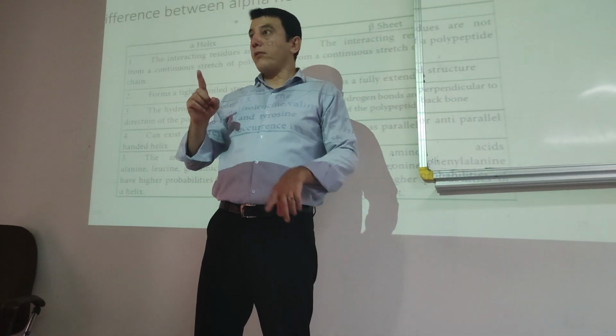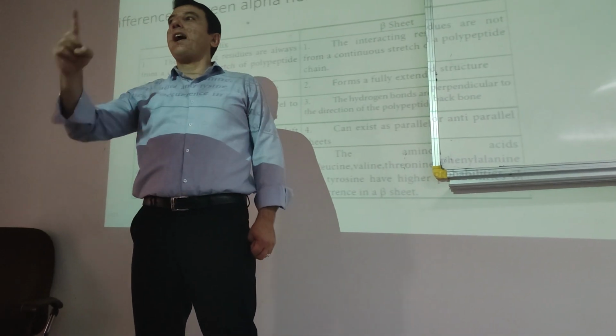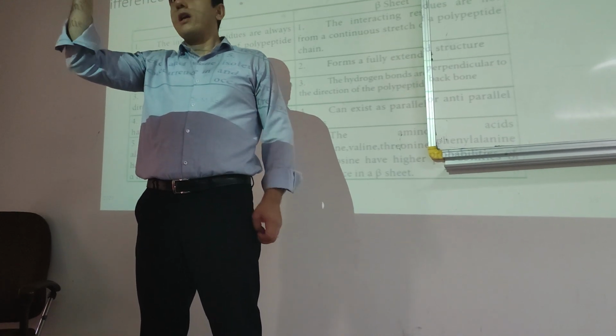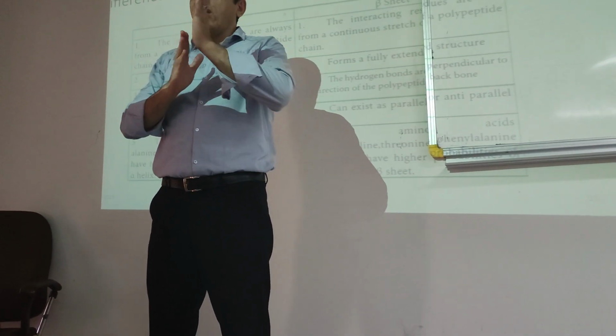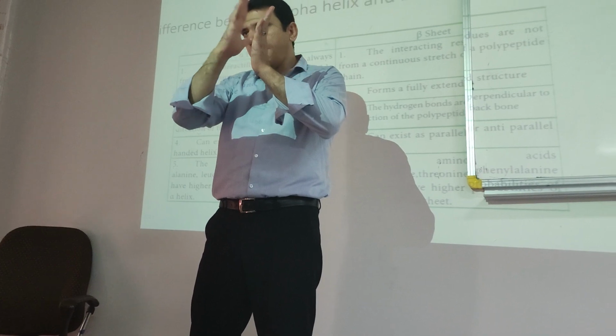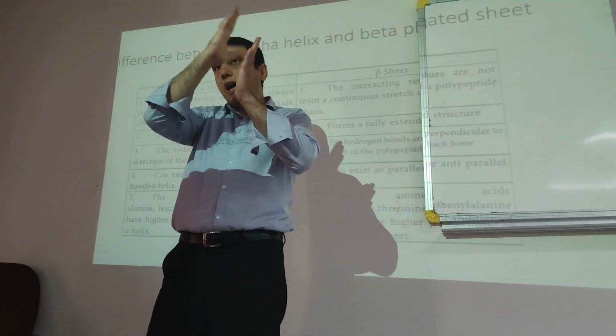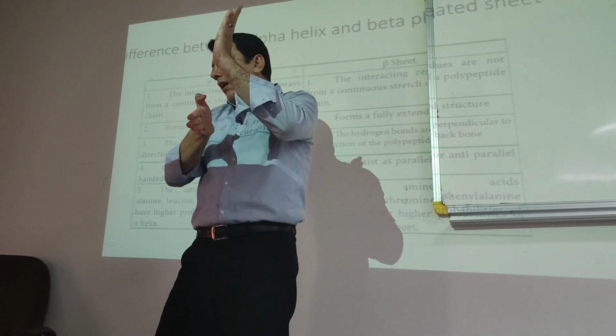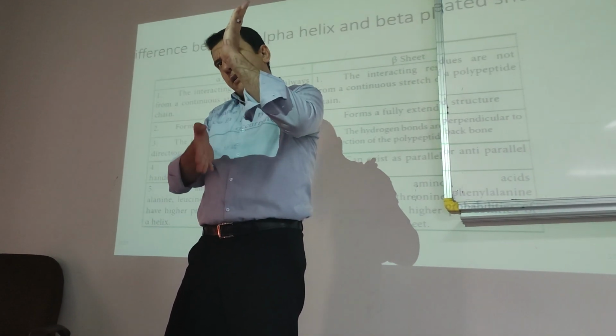So for alpha helix, you should have a continuous structure, but for beta sheet, you can cut the structure and continue on the other side, in another form.